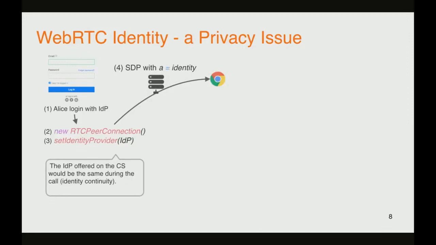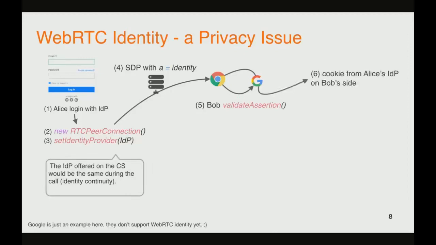Then the identity assertion is transmitted to the other user, and the other user's browser will instantiate a component called the identity proxy, which will validate the identity assertion. And this allows the identity providers to learn that the two users are having a call together.